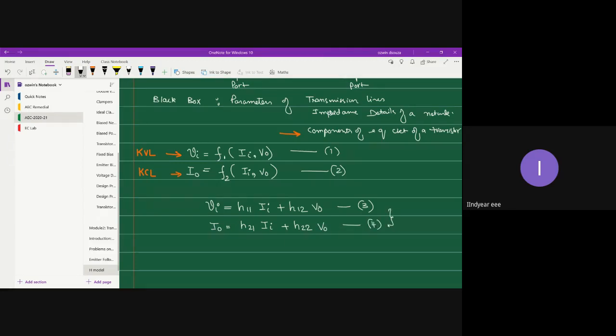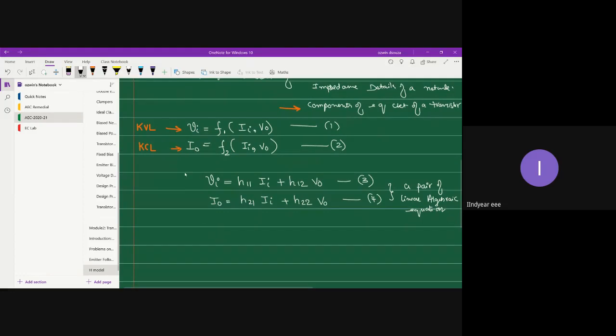So what I've done is I have taken a pair of linear algebraic equations, which talks about the input voltage and the output current.